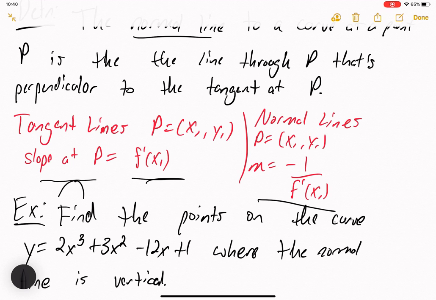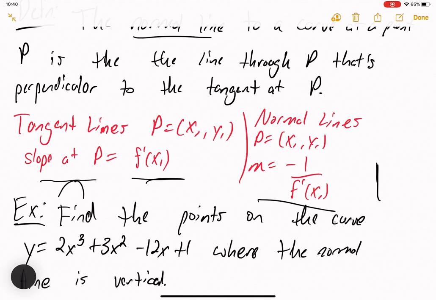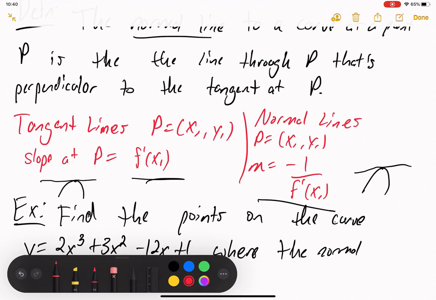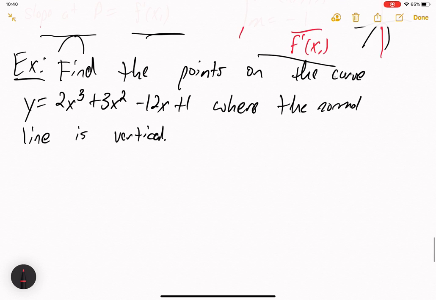And that means that the normal line, if this was a tangent right here, then the normal to that will be a vertical line. So the normal line is only vertical if the slope of the tangent is equal to 0.